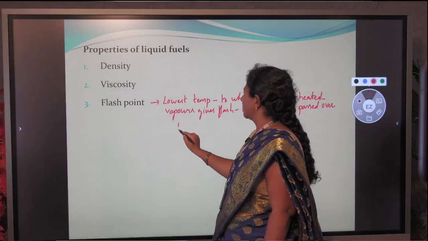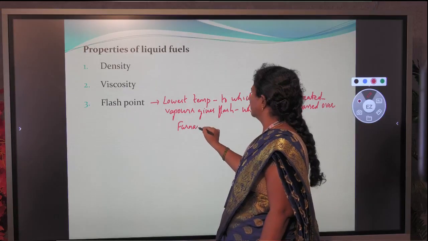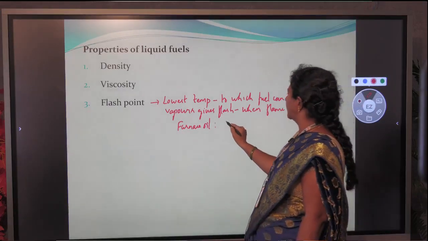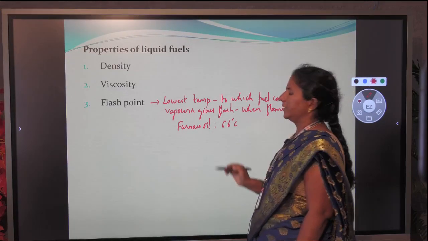And if we take the furnace oil, the flash point of furnace oil is 66 degrees centigrade.